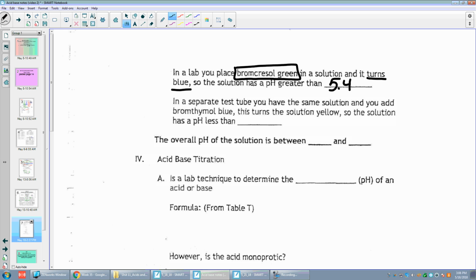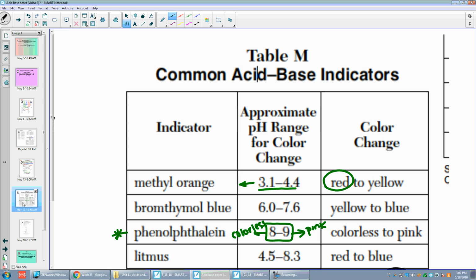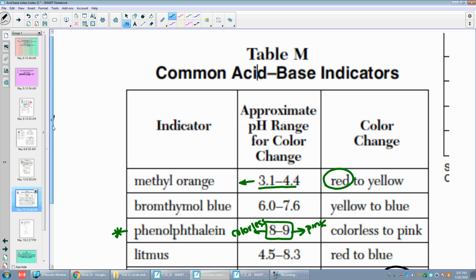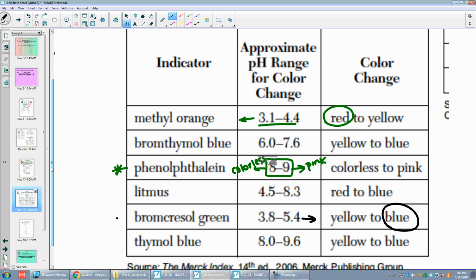In a separate test tube, you have the same solution, and you add bromothymol blue, and it turns yellow. So the solution has a pH less than. So go back over here and say, okay, bromothymol blue, it's yellow when it is below 6.0.